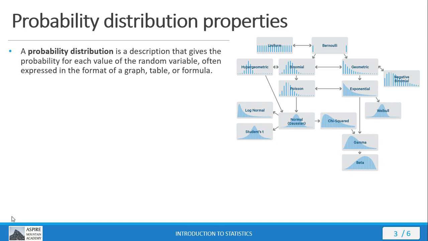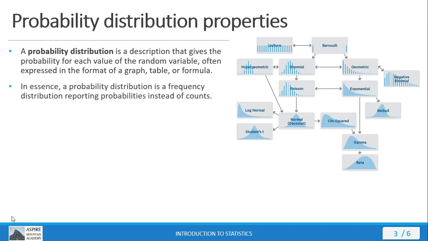The graphical display, you could call it, is probably the most common of the three. In essence, what we're looking at with a probability distribution, though, is simply a frequency distribution that reports probabilities instead of counts. So in some respects, you can think of it like a relative frequency distribution.